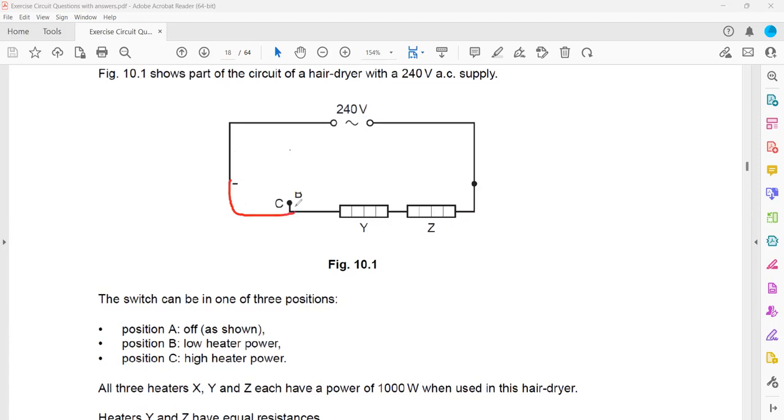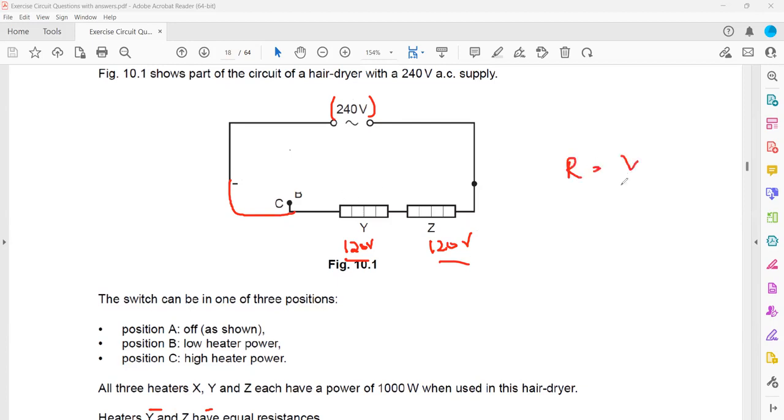For example, with a 240 volt supply, this will be 120 volts. Why do I say 120? Because they mentioned that Y and Z have equal resistance, so they will have equal voltage as well. If they had different resistances in series, the one with the higher resistance would have more voltage. So with a 240 volt supply, it is 120 here and 120 here.